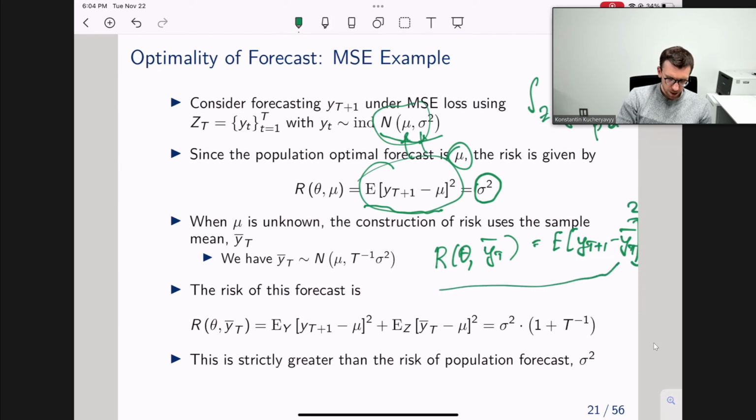Now this guy has the normal distribution with mean mu and variance this, because it's an average across T independent observations, which are normal variables, and so the average of T normal variables is a normal distribution.